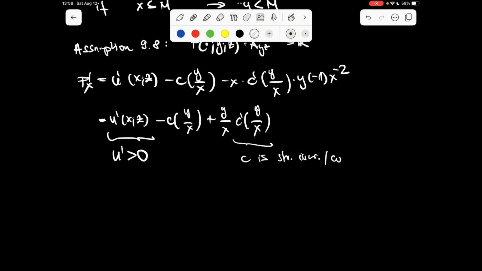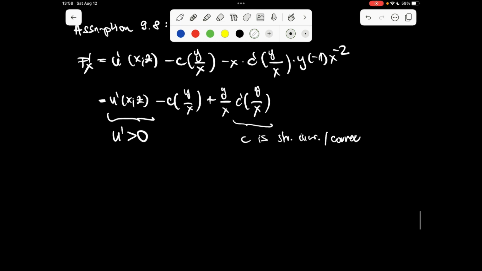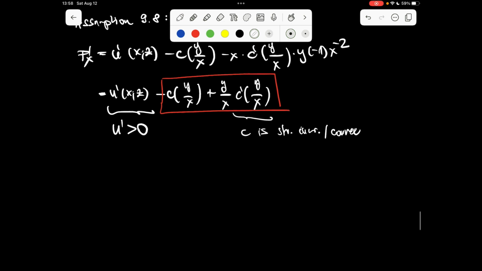And these are the facts we are going to use. So what we need is to check the monotonicity of this part of the function.